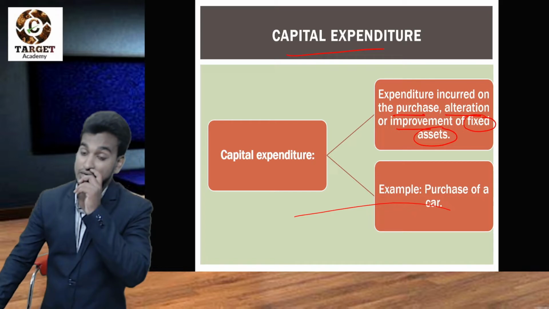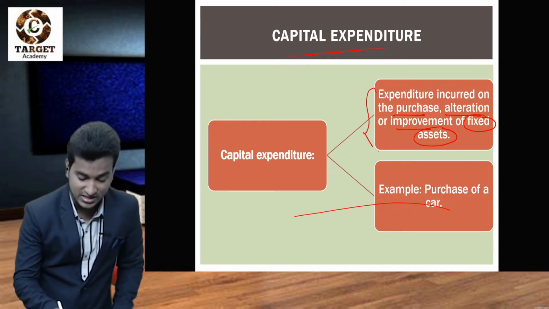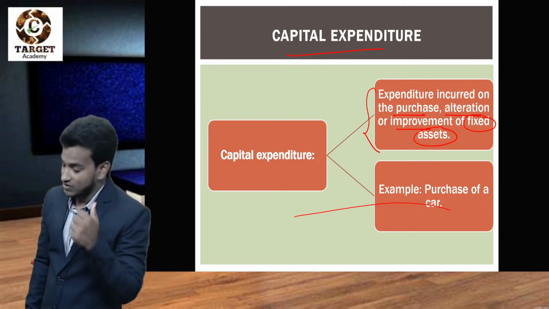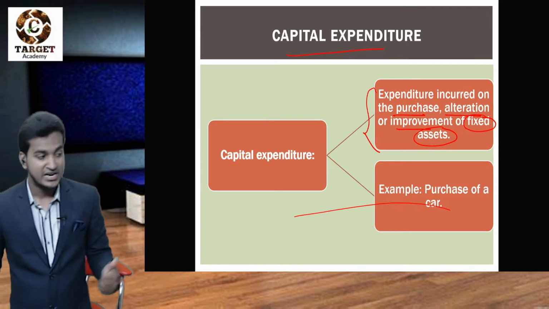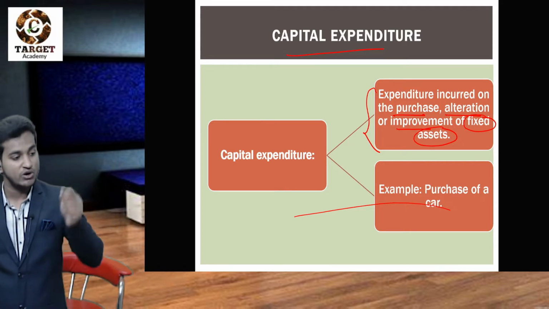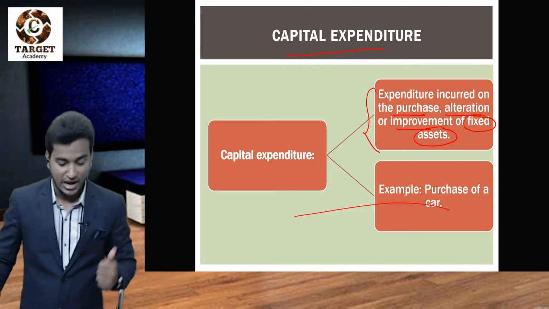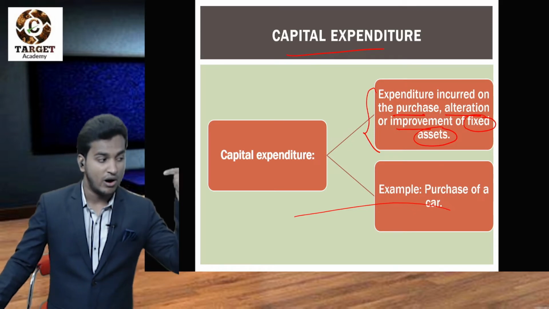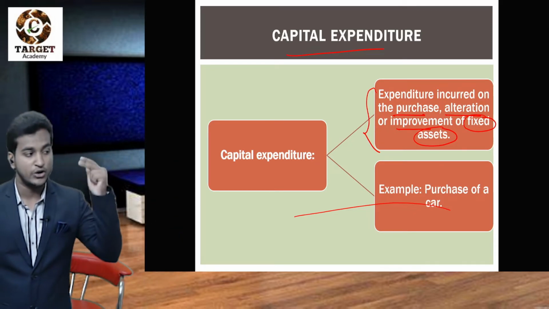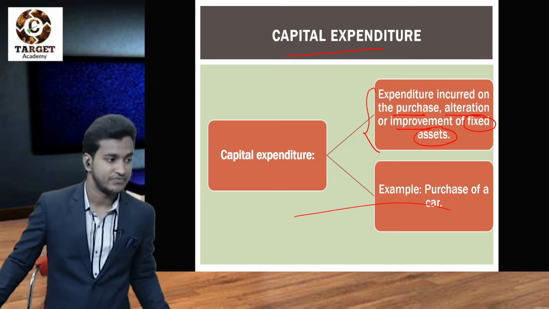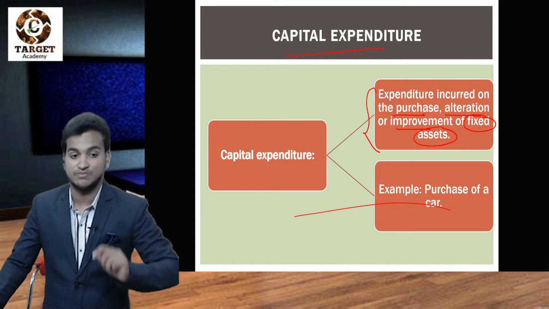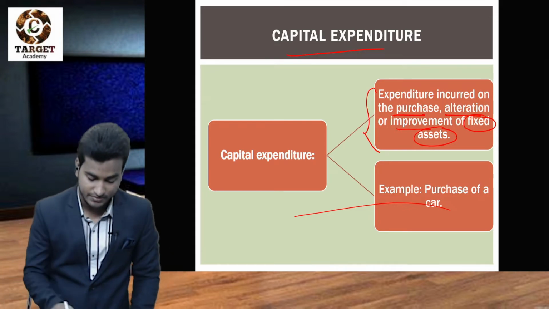In this single sentence there are three hidden sentences. First, capital expenditure means expenditure incurred on purchase of fixed asset. Second, expenditure incurred on alteration of fixed asset. Third, expenditure incurred on improvement of fixed asset.